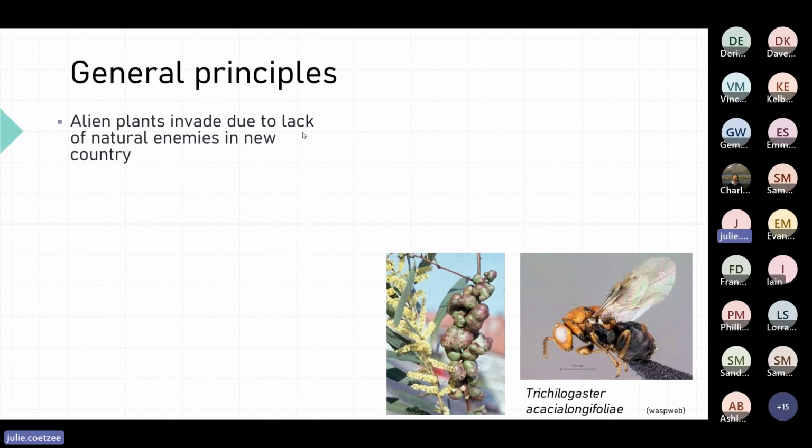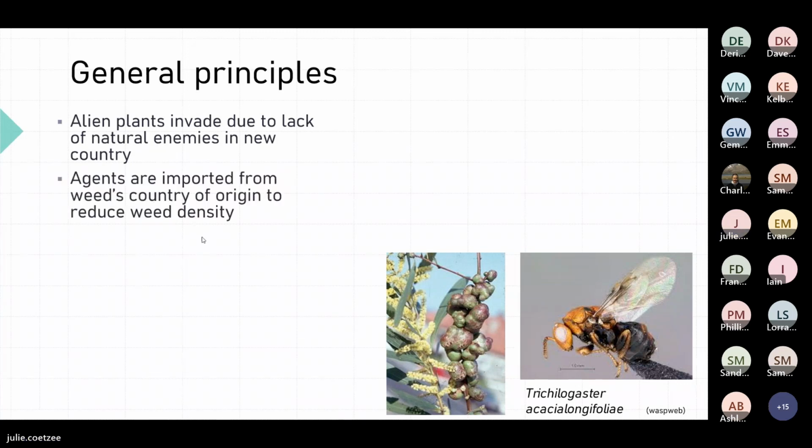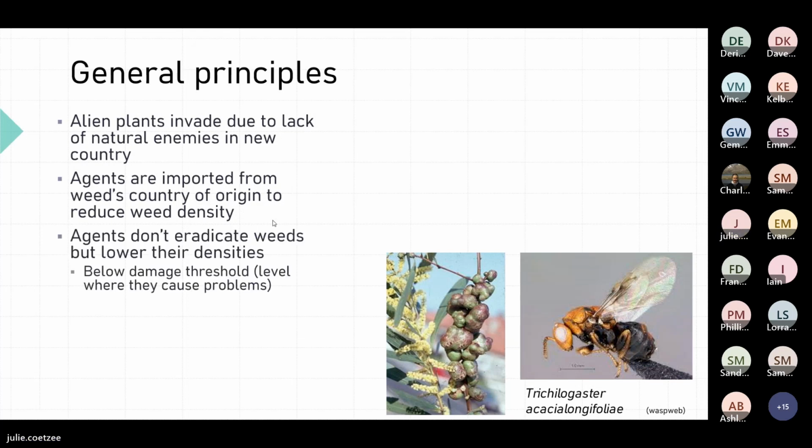General principles of biocontrol, as I said, is that alien plants invade due to the lack of natural enemies in the new country, and we can call this the enemy release hypothesis. This is just one of many hypotheses as to why plants become invasive, but it's the one that we as biocontrol researchers rely on. The agents are then imported from the weed's country of origin to reduce the weed's density.